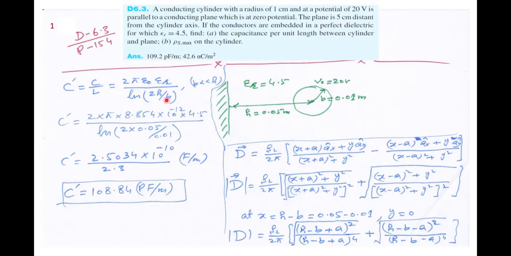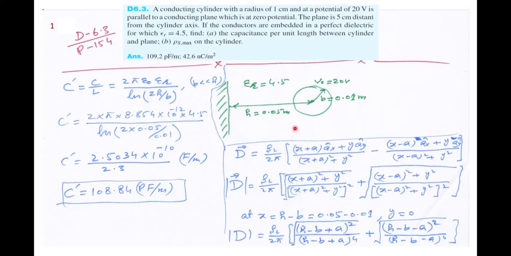Plugging in the values of epsilon naught epsilon r, h and b, and after numerical manipulation, we obtained the capacitance per unit length, which is equal to 108.84 picofarad per meter. Our result is very close to the answer given in the book.